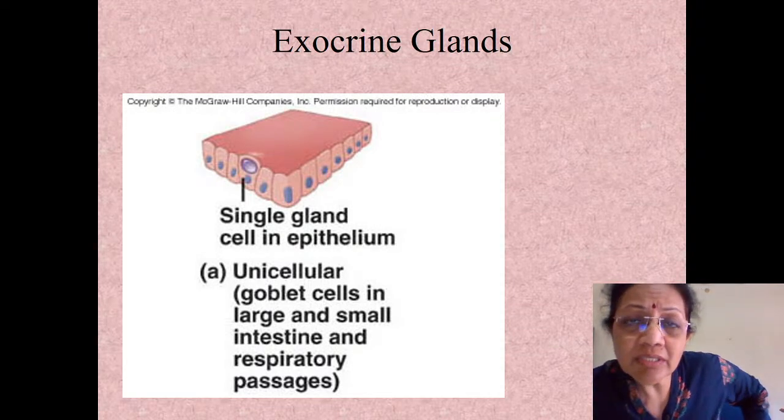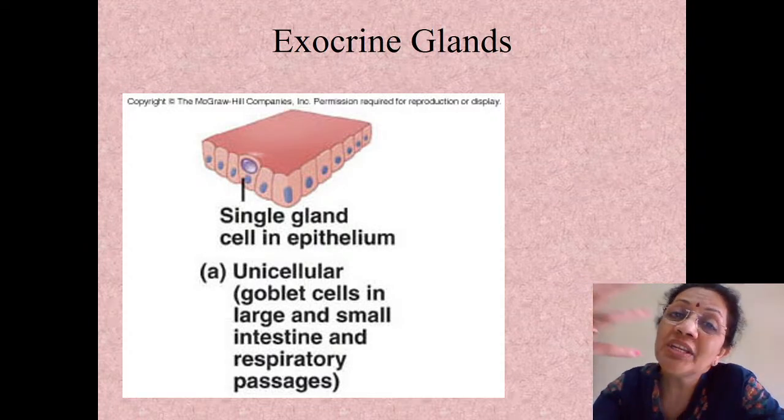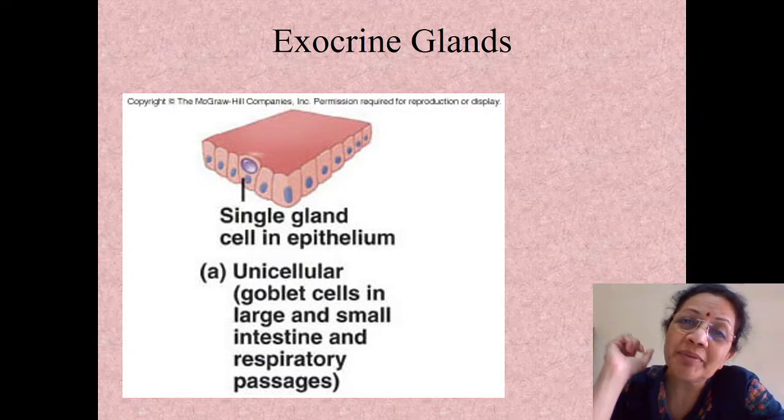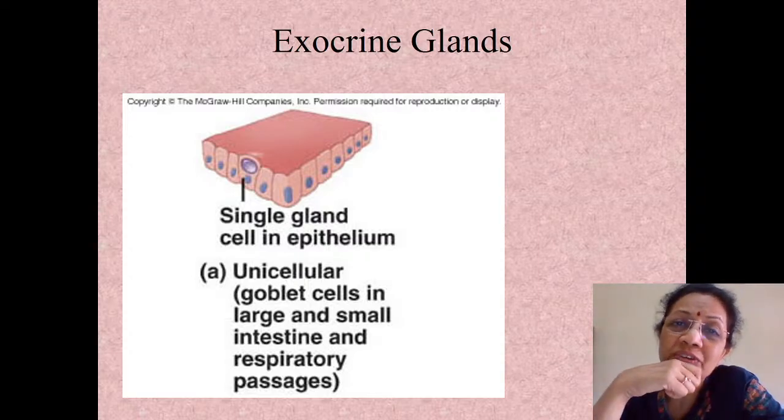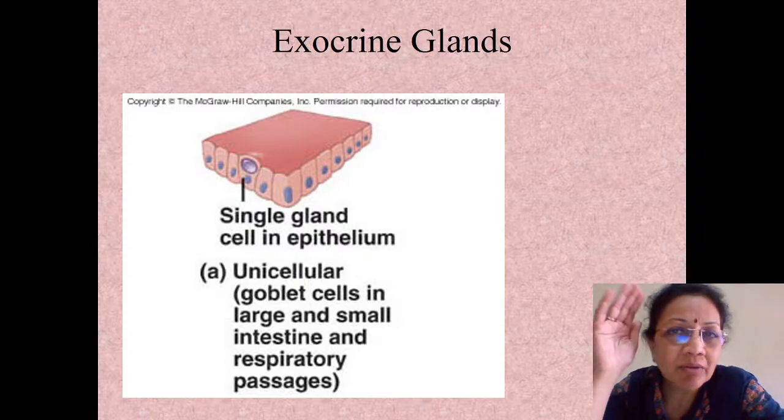So for a long distance, many inches, many feet, this luminal content will be pushed by peristaltic wave, and it will be lubricated by the mucin secretion of the goblet cells, which are unicellular glands which are lining the gut. I'm giving you this much of background just to set the context.